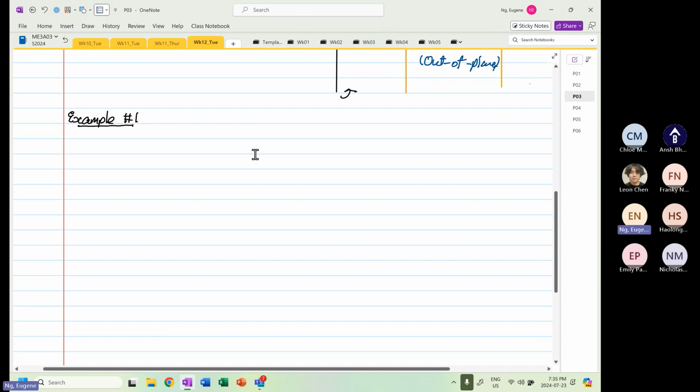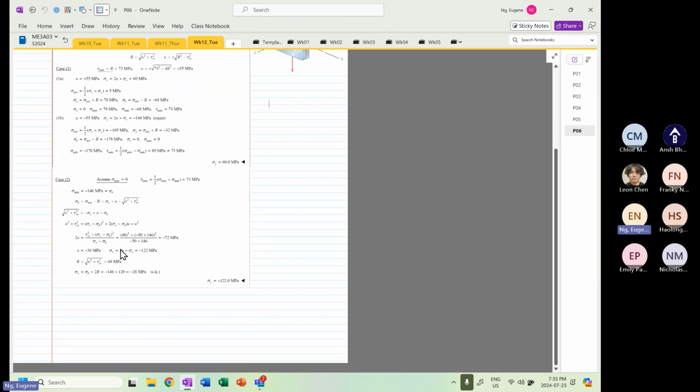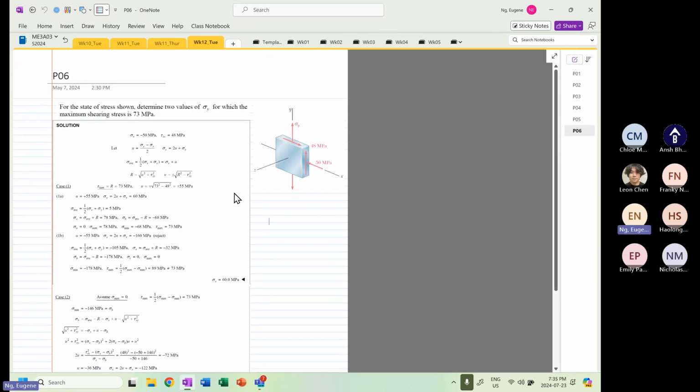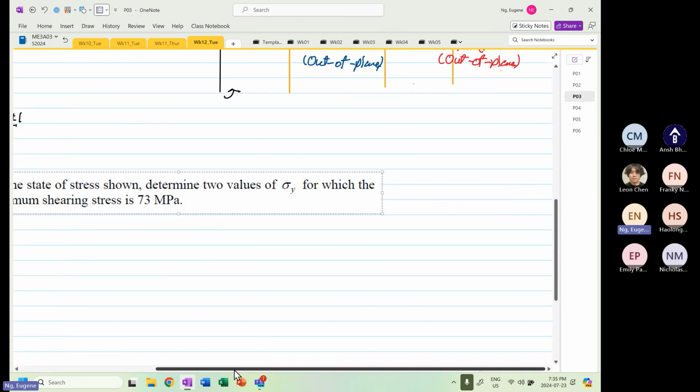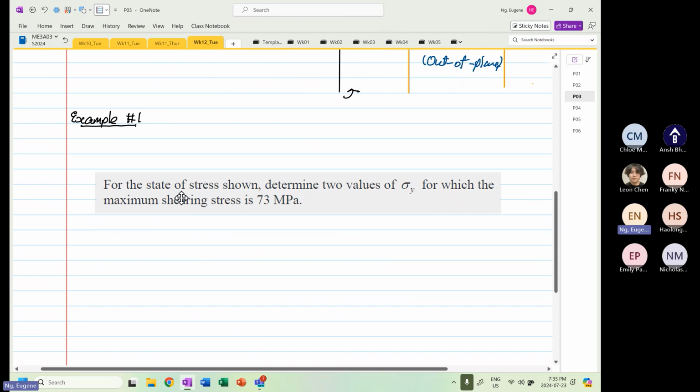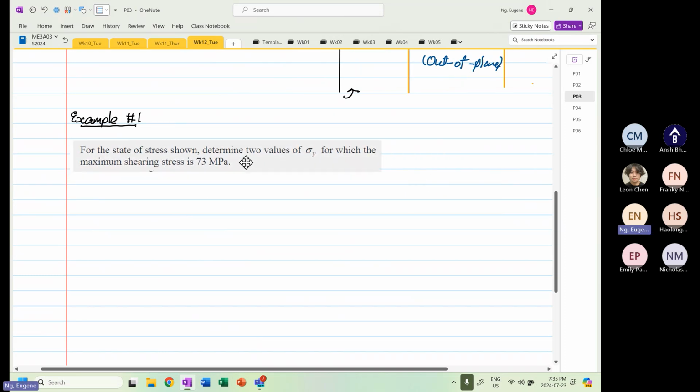Okay, so let's look at this one. And this problem, I've posted the solution from the solution manual. Okay, and we are going to solve differently. Okay, we're going to find an easier way to solve this.